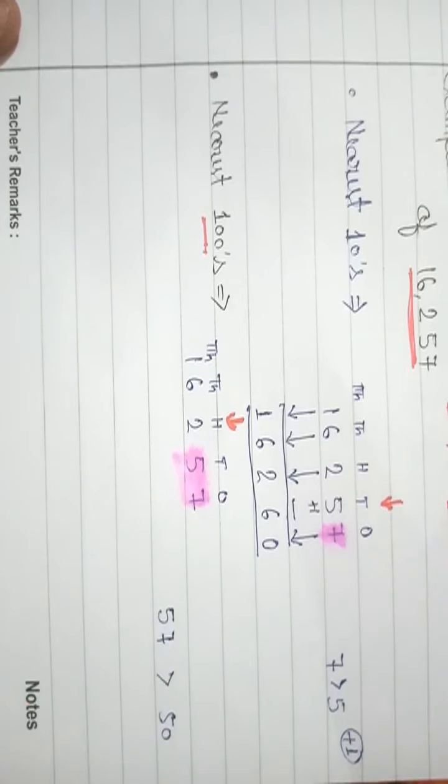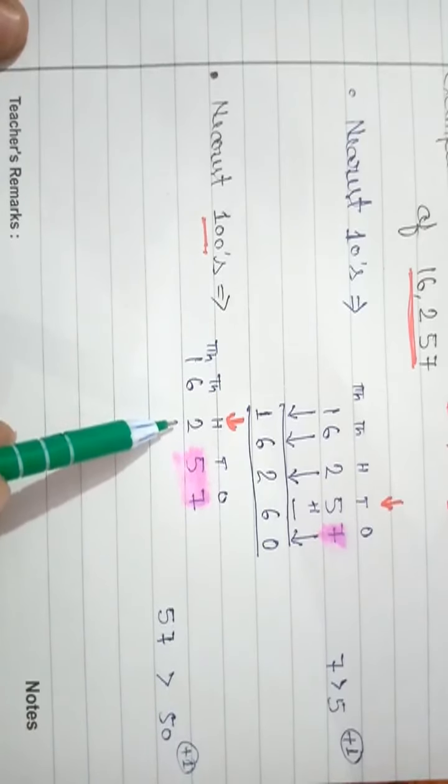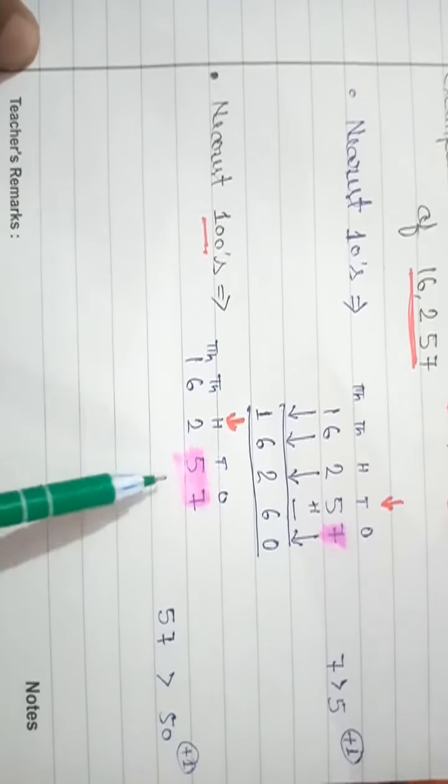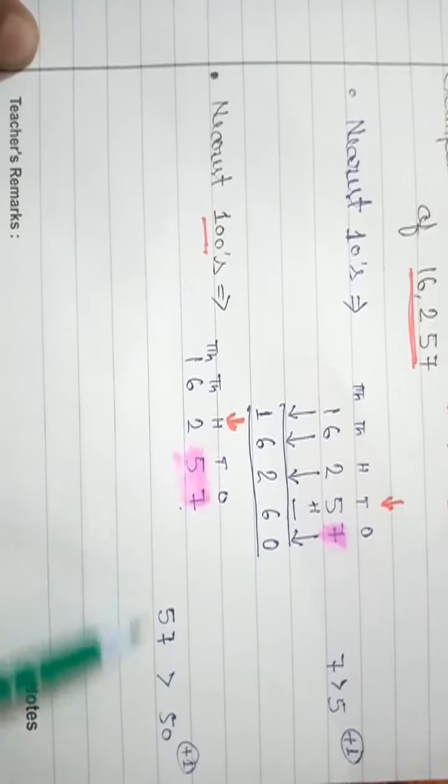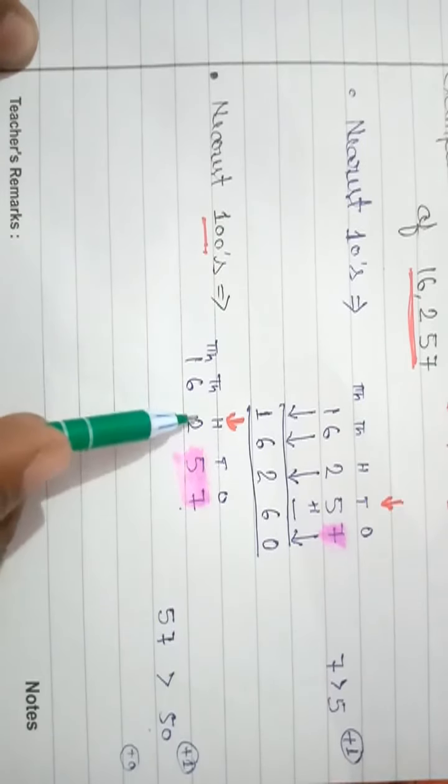57. So if our highlighted digits are bigger than 50, we will give 1 to target place. If our highlighted places are less than 50, we will give 0 to target place.